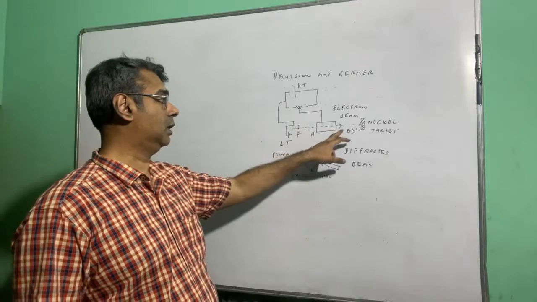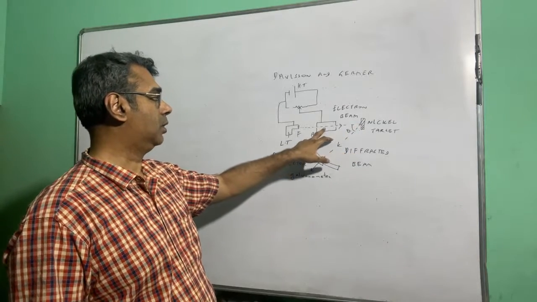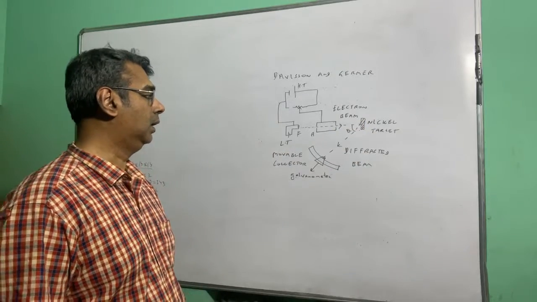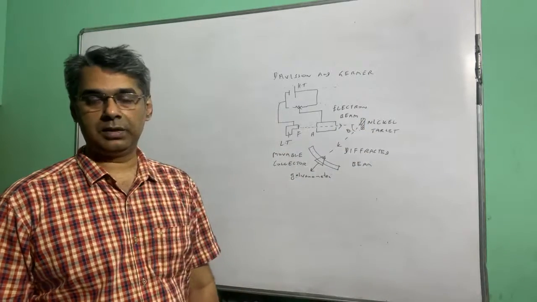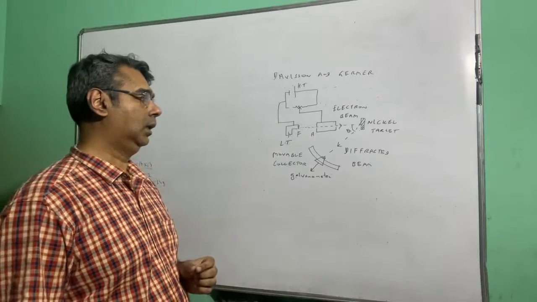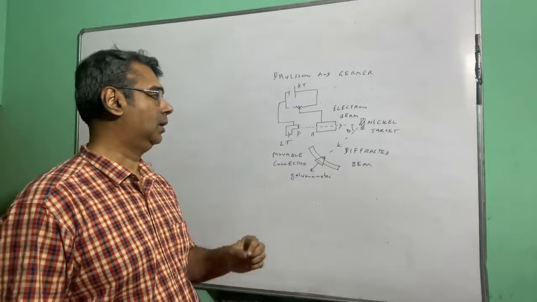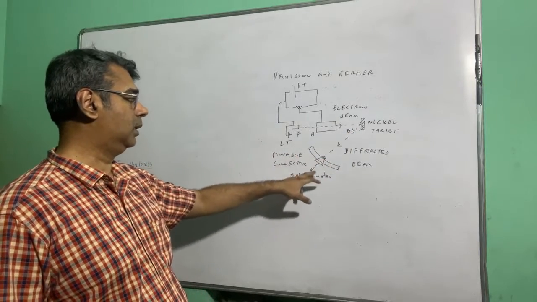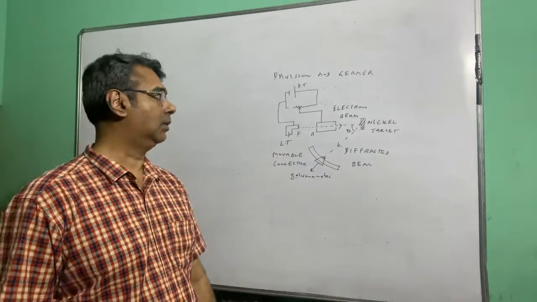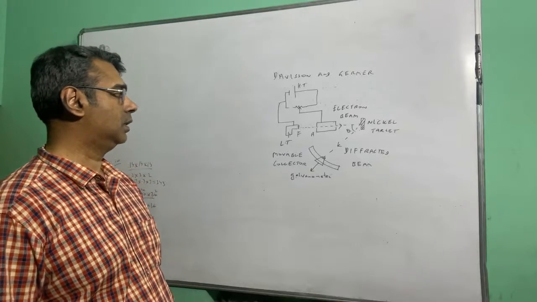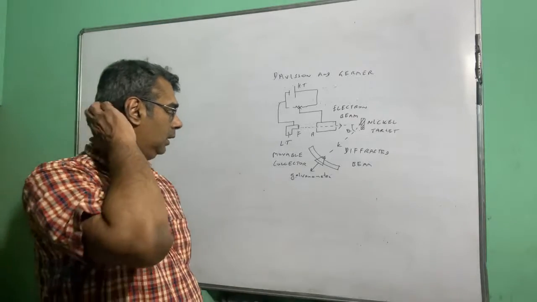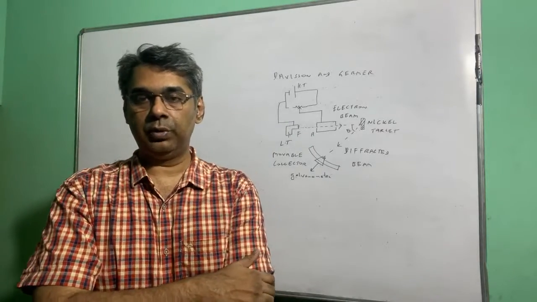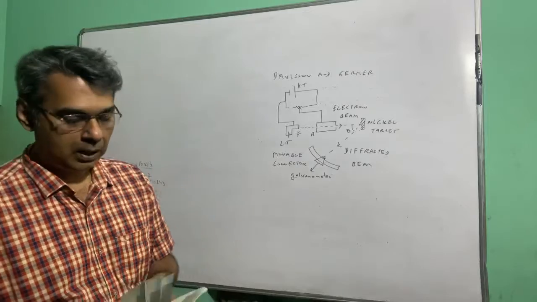Now this stream of electrons will pass through the anode and it will hit a nickel target, and nickel crystal has got very fine spacing, and there will be diffraction, and the diffracted beam is collected by a movable collector which takes it to a galvanometer. So this was the experiment conducted by Davisson and Germer. The purpose of this experiment was to prove the wave nature of electrons.